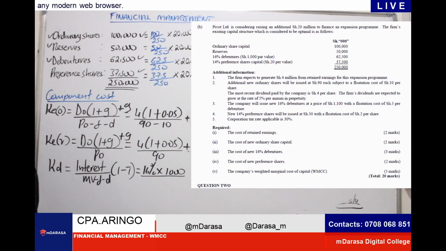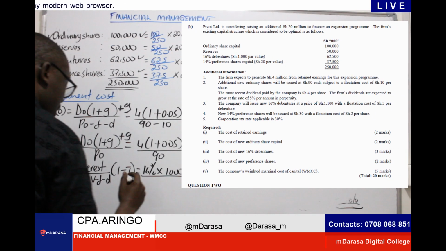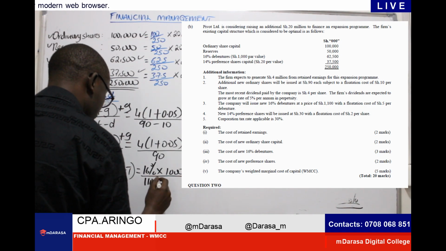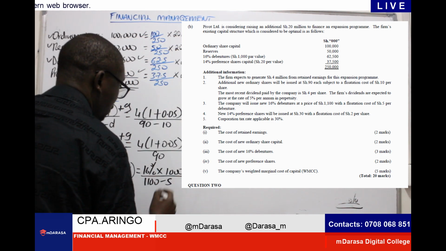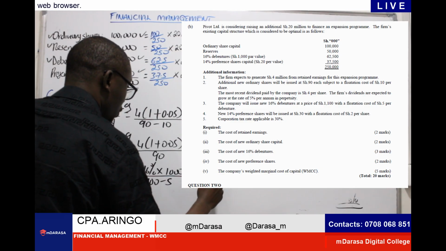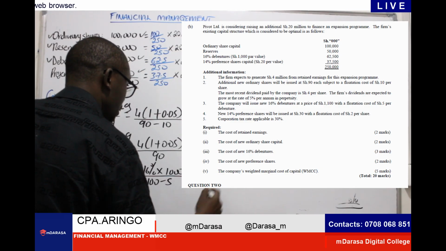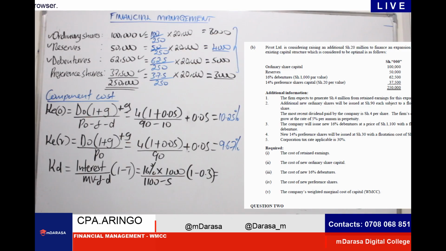In note number 3, the market value was going at 1100, but we had a flotation cost of 5 per debenture, so minus 5, times 1 minus T, 0.3. So at the end of the day, my good students, if I told you to work it out, what will we be having?